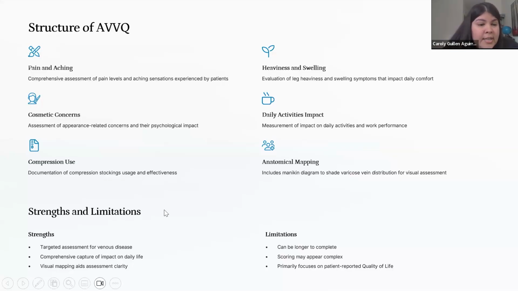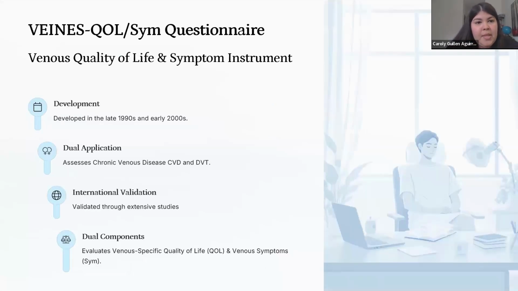The strengths are that it's a targeted assessment for venous disease, it comprehensively captures impact on daily life, and visual mapping aids assessment clarity. The limitation is that it can be longer to complete, of course. The scoring may appear complex and it primarily focuses on patient-reported quality of life.